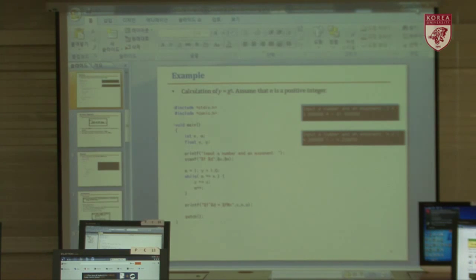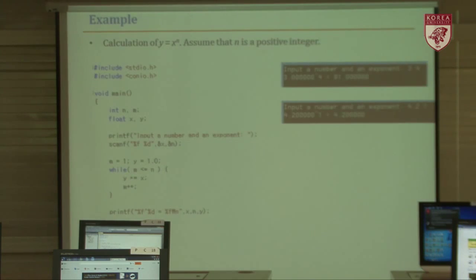Okay, so let's see what happened here. You can use various implementations, but this is my implementation at least. Here I get the input x and n. I want to multiply x n times, which means I want to make a loop that multiplies x n times, and store that value in y.